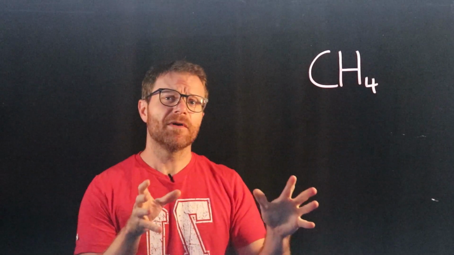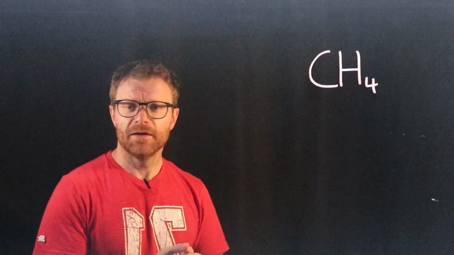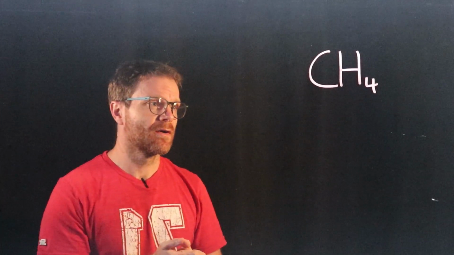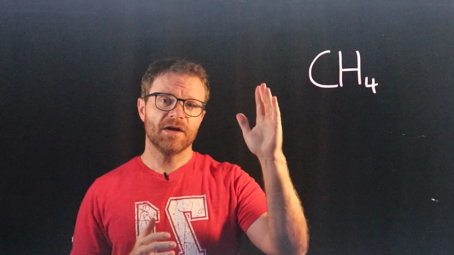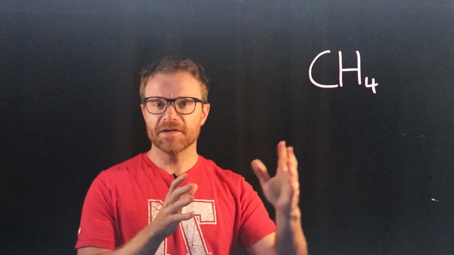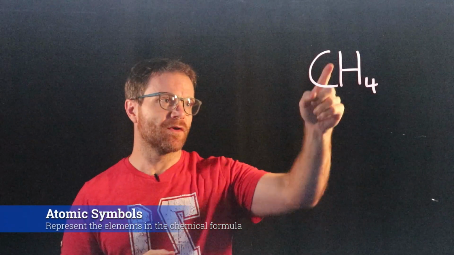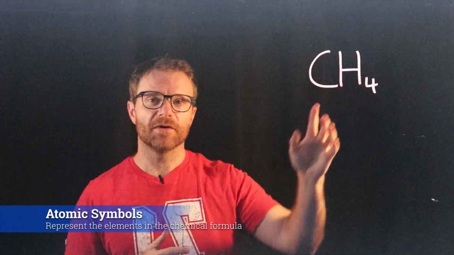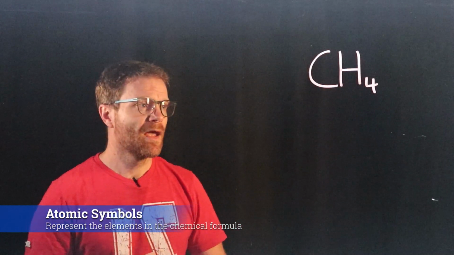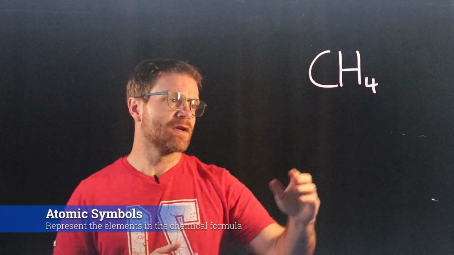So let's talk about how I just did that, how to read a chemical formula like you see here. Well, the different elements in the chemical formula are written out as their atomic symbols. So the big C is for carbon and the capital H is for hydrogen. And then we use subscripts following the appropriate element to tell us how many atoms there are.